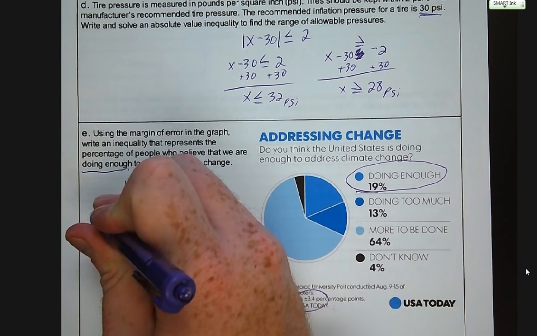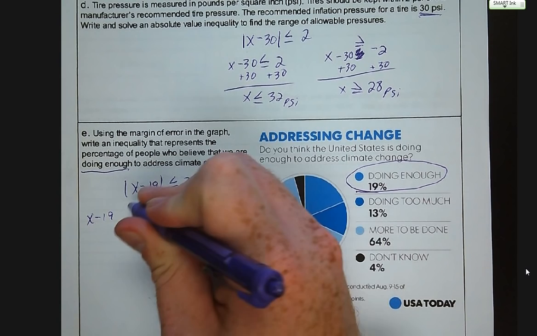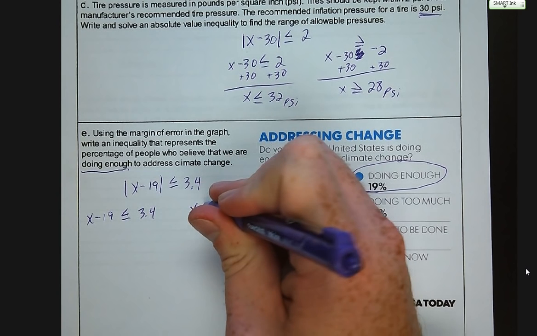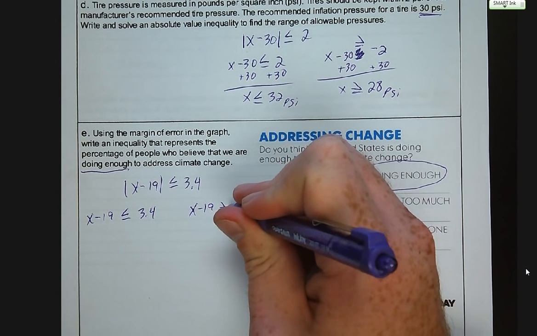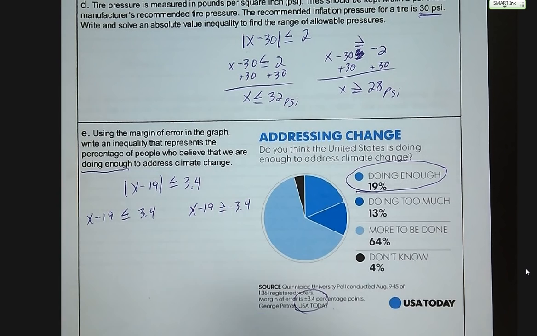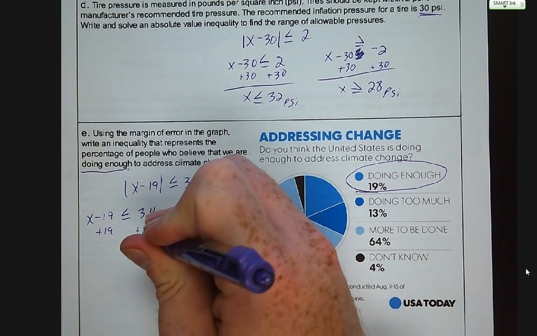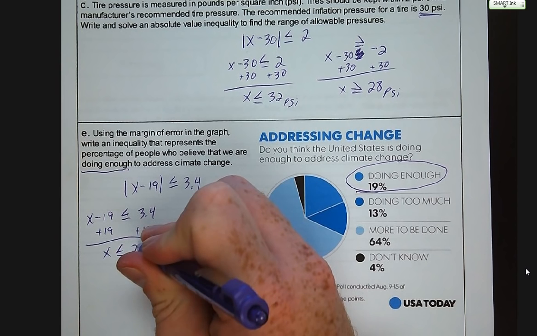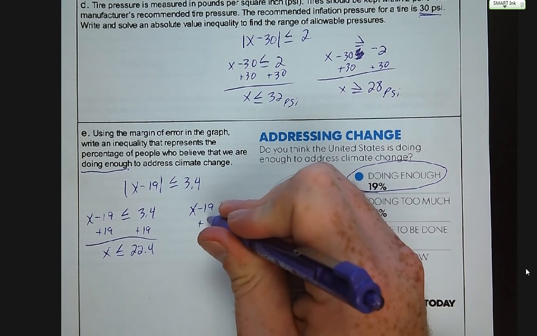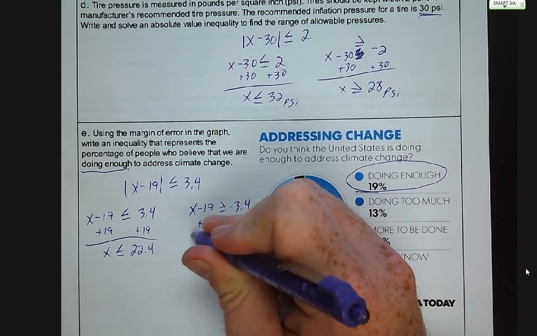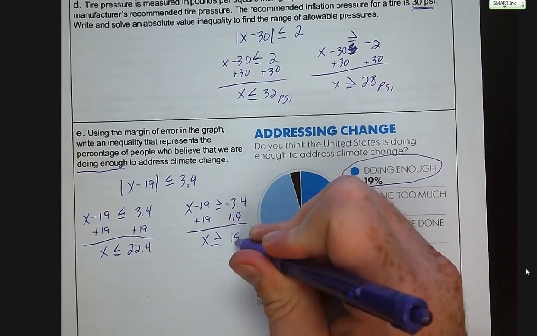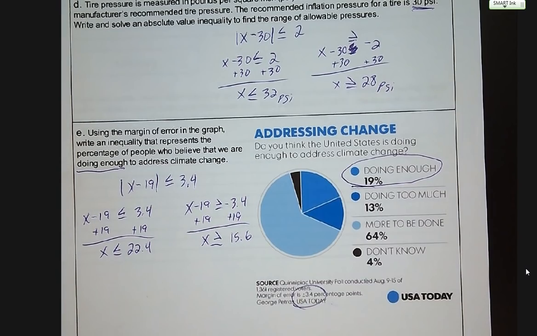We have x minus 19 is less than or equal to 3.4, and x minus 19 is greater than or equal to negative 3.4. Add 19 to both sides, and x is going to be less than or equal to 22.4, and x is going to be greater than or equal to 15.6.